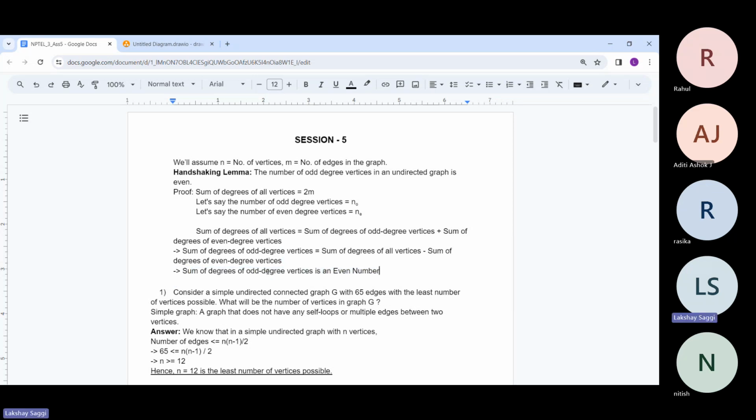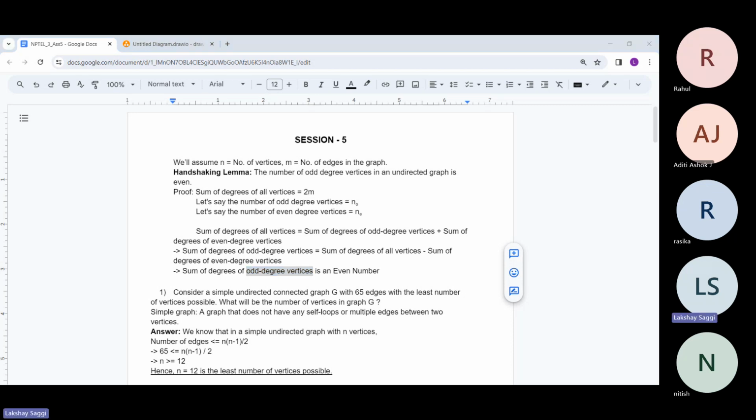And note that the sum of degrees of odd degree vertices is nothing but a sum of some odd numbers, right? A sum of odd numbers can be even only when the count of numbers is even.